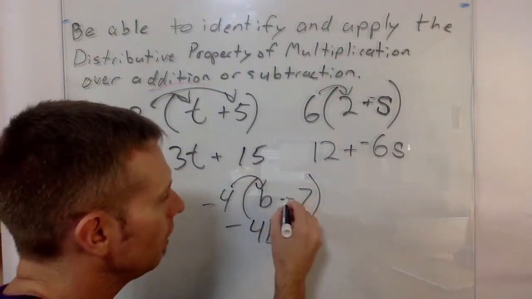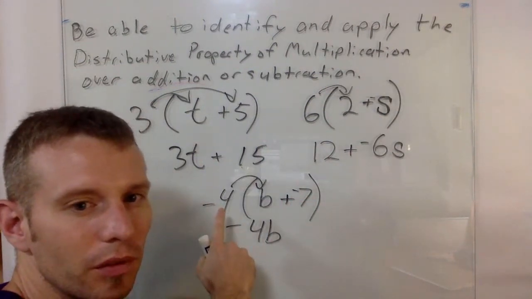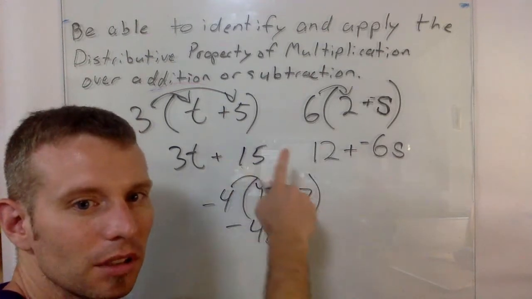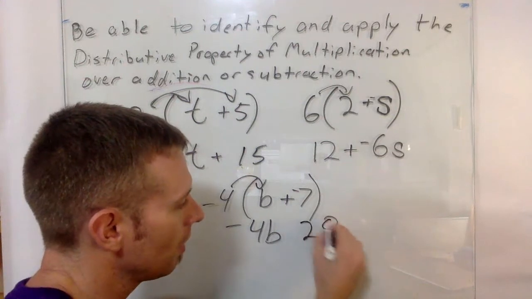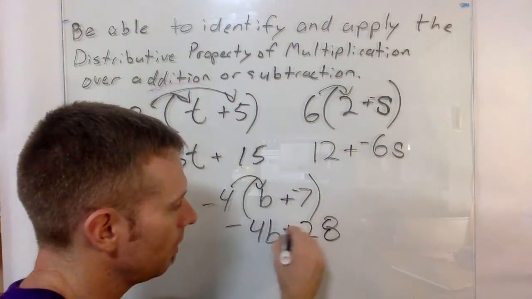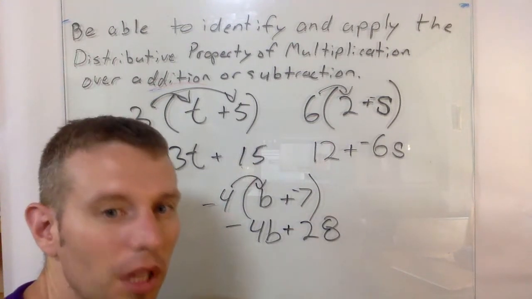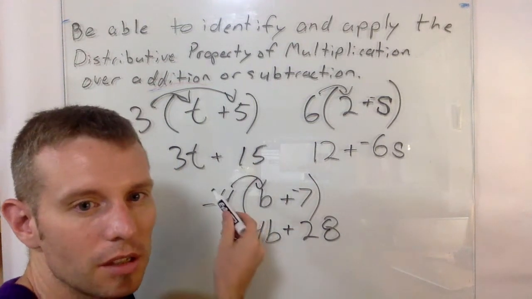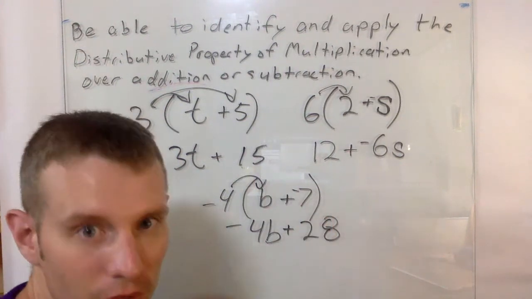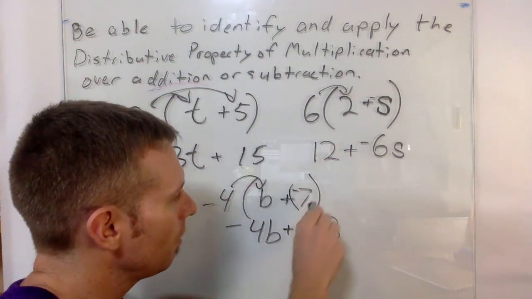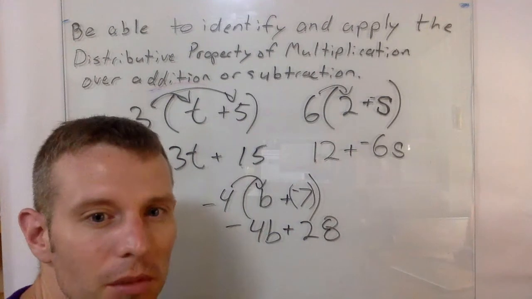And then if you wanted to add the opposite again, which would be fine, then you have negative 4 times negative 7. And we know that a negative times a negative is a positive, so we have negative 4b plus positive 28. For some people it helps to keep track of it if you put this in parentheses. You don't have to, but it's up to you if that helps you distinguish what's what.